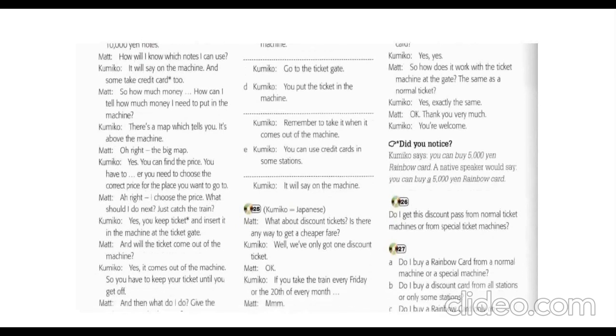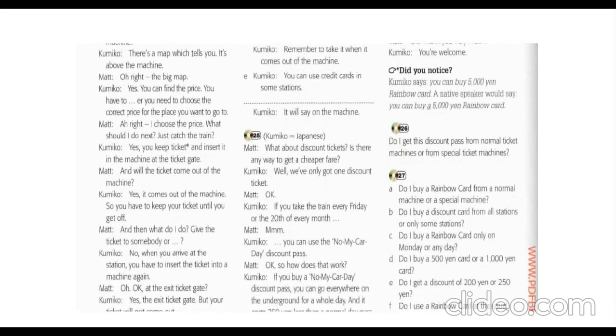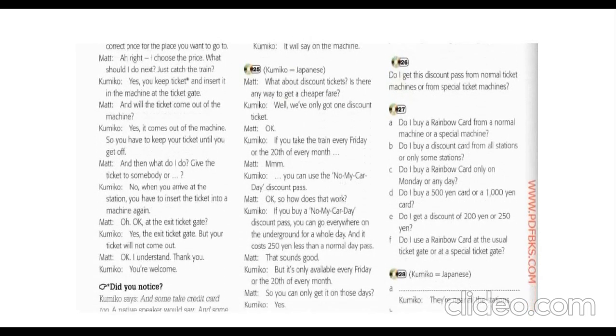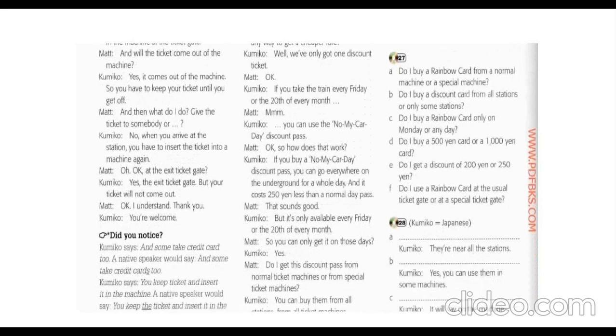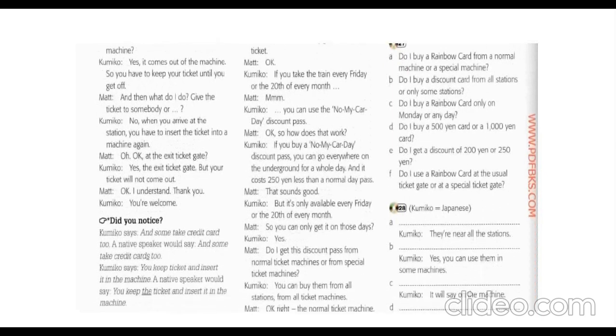And will the ticket come out of the machine? Yes, it comes out of the machine. So you have to keep your ticket until you get off. And then what do I do? Give the ticket to somebody or... No, when you arrive at the station, you have to insert the ticket into a machine again. Oh, okay. At the exit ticket gate. Yes, the exit ticket gate. But your ticket will not come out. Okay, I understand. Thank you. You're welcome.